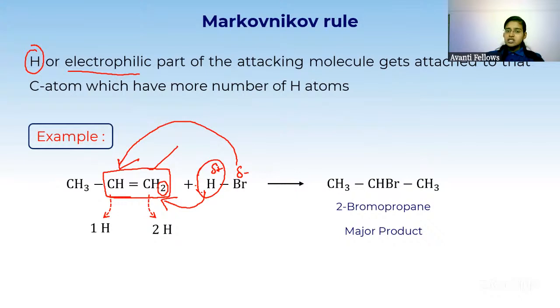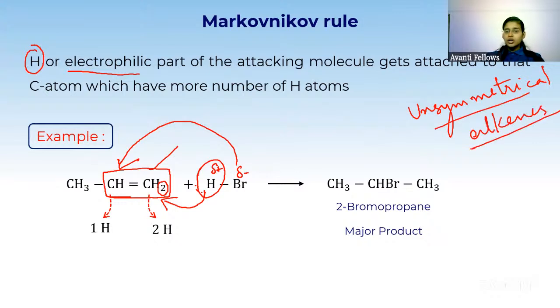Got it? So this Markovnikov rule is applicable for unsymmetrical systems. For unsymmetrical alkenes, we have to follow Markovnikov's rule for the addition of HBr. We cannot simply add H and Br to the carbon which we want.